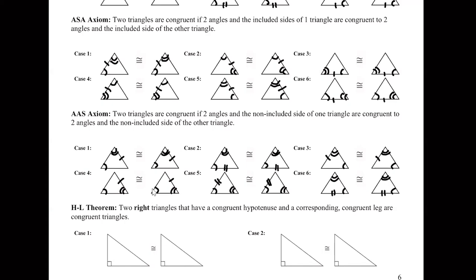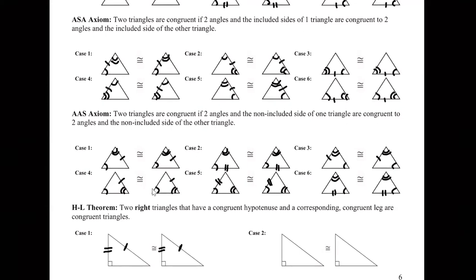And then you have a special case, which is the hypotenuse-leg theorem. Two right triangles that have a congruent hypotenuse and a corresponding congruent leg are congruent triangles. So for example, if I know the hypotenuses are congruent and I have a pair of corresponding congruent legs, then the two triangles are congruent. So that's one instance. And here's another. All right, but that's really the only kind of breakdown that you could have for that sort of thing.